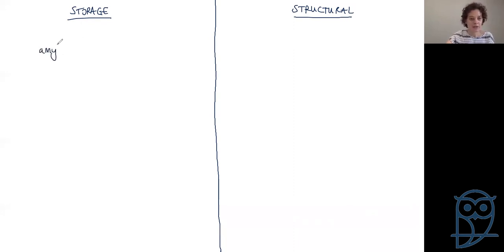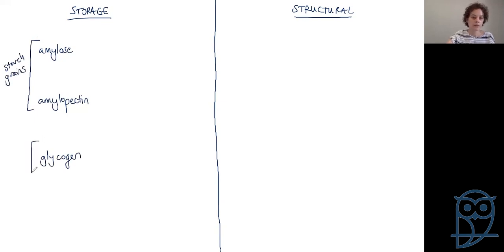We have amylose, we have amylopectin, and we have glycogen. Okay, so these two are what forms our starch grains. This one forms our glycogen granules.